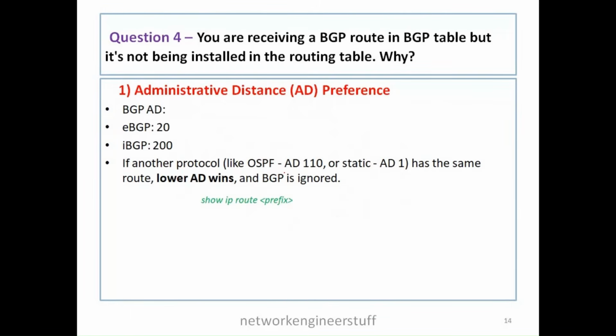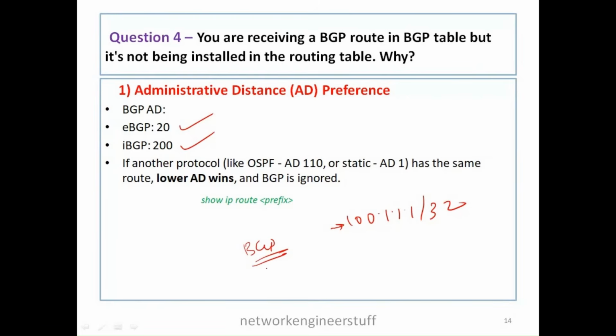The first reason will be the AD preference, the administrative distance. Now, guys, you know the administrative values for BGP. For eBGP, the AD value is 20, and for iBGP, the AD value is 200. Let's say for this network 100.1.1.1/32, the router has an entry in the BGP table, and it is learned via iBGP.